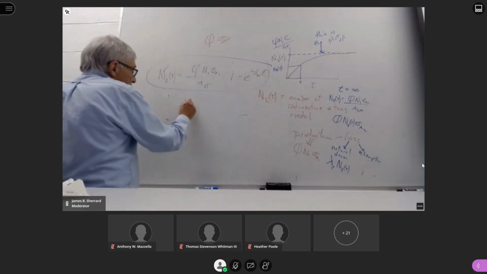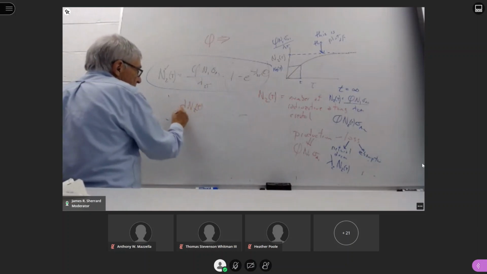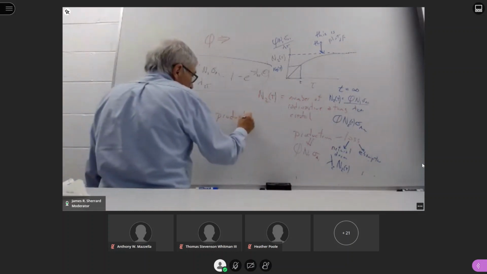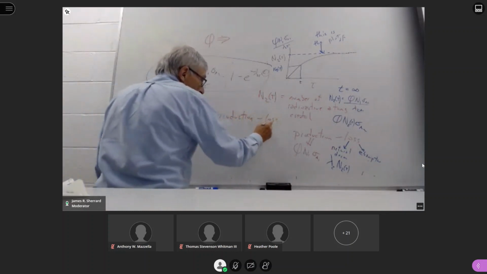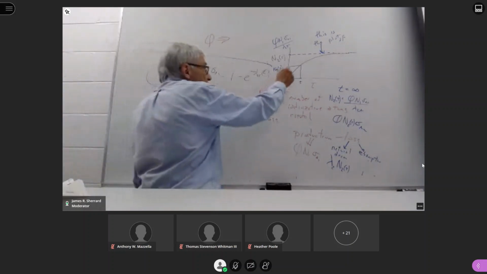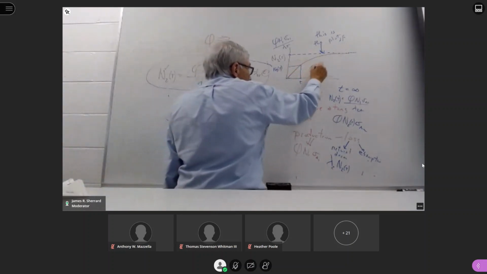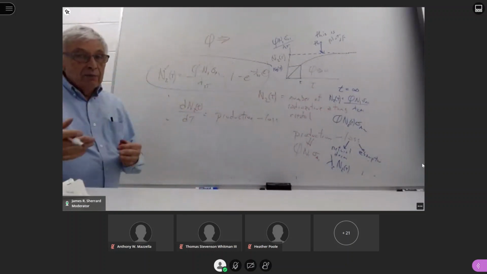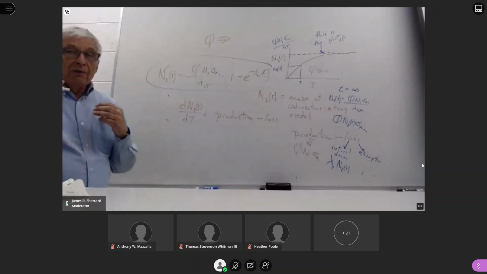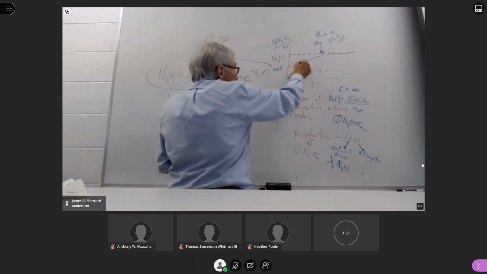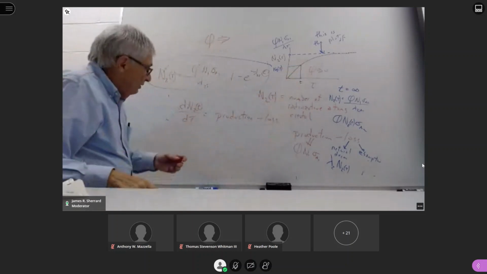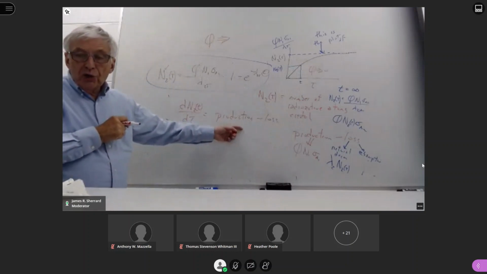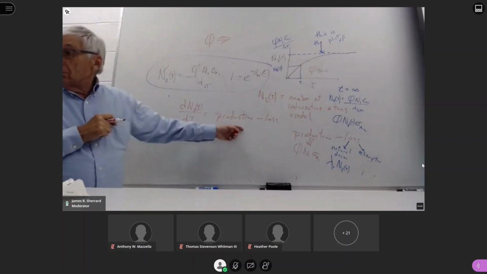We could say the rate of change of those atoms with respect to time is still production minus loss. If we get to this point and then the flux goes to zero, let's say your reactor scrams, something happens that you don't have any flux, we know we start off with this amount, but then what happens? If we go back and look at this, what do we have for a production term once the flux goes to zero?